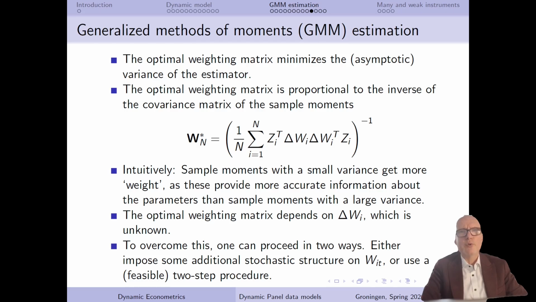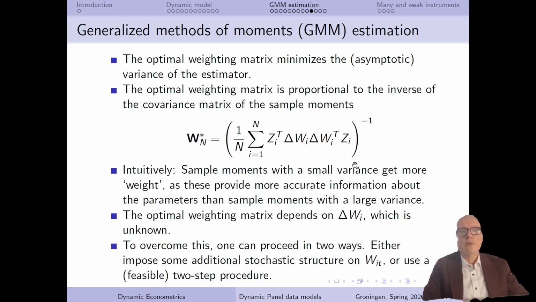Why would you try to get that one very close to zero when it actually has a very large variance? So what you're going to do is try to get the moment restrictions that have a small variance very close to zero, whereas the ones that have a large variance do not have that much accurate information anyways, so they can be a little bit larger. That's the whole idea behind taking the optimal weighing matrix.